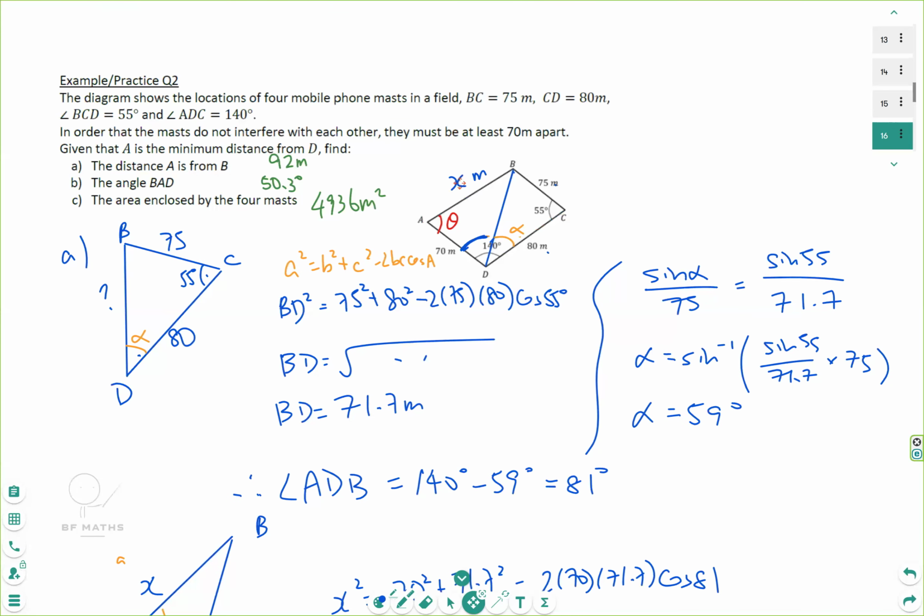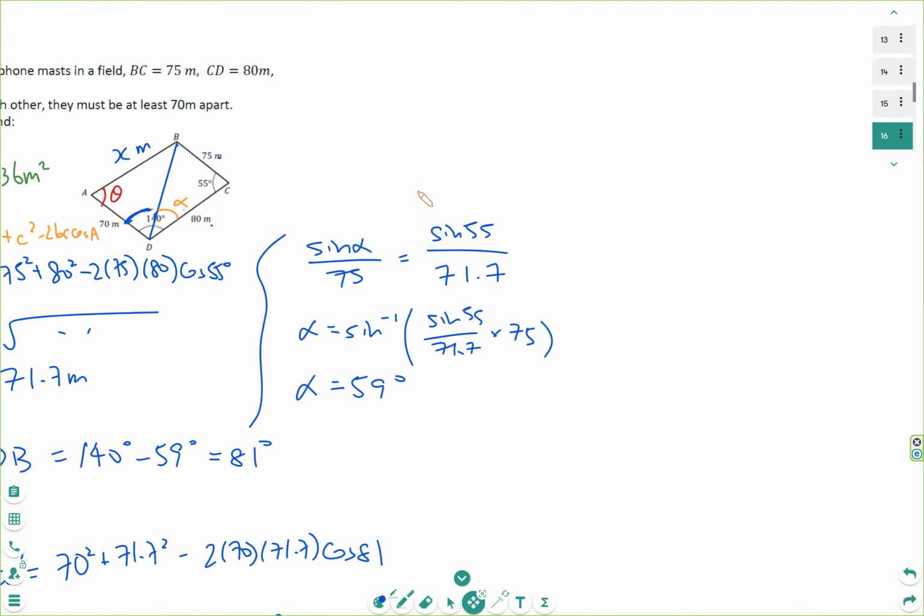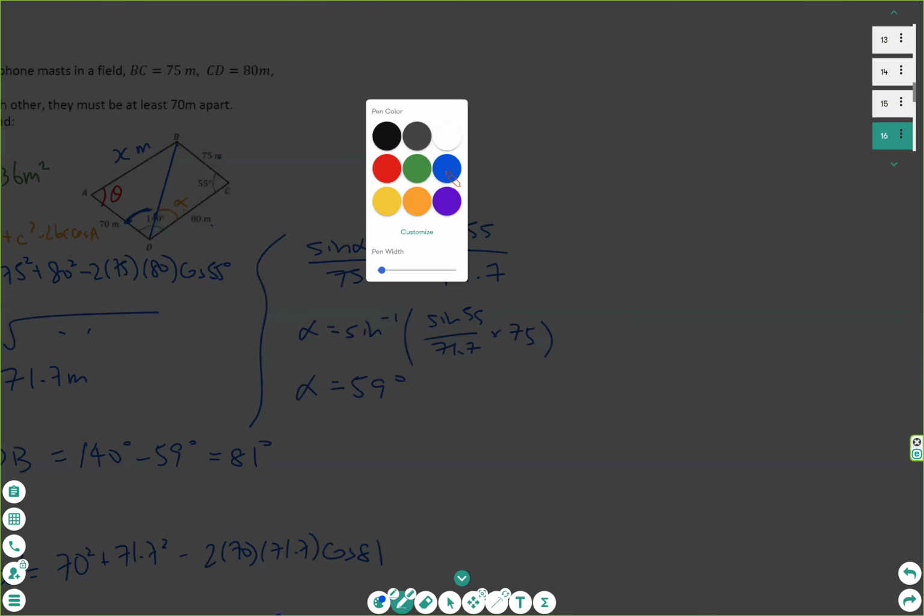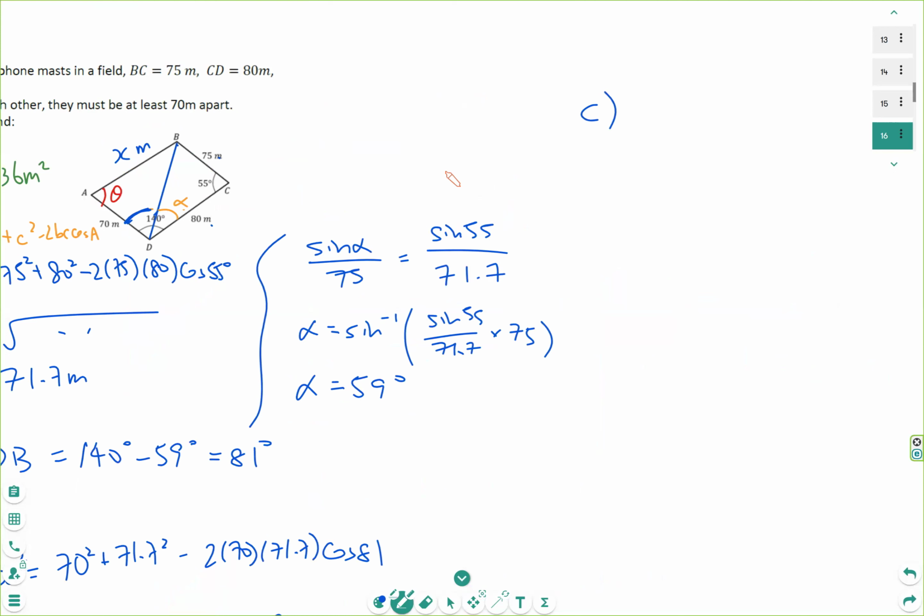So let me do it here actually. Part C. So the total area equals the area of BAD plus triangle BCD. So that one is half x, which is 92, if my memory serves me correctly, times 70 sine theta.